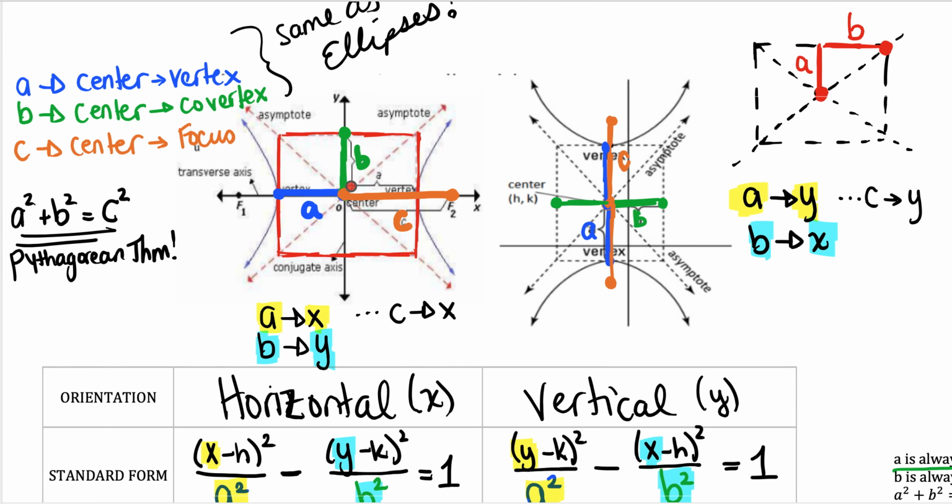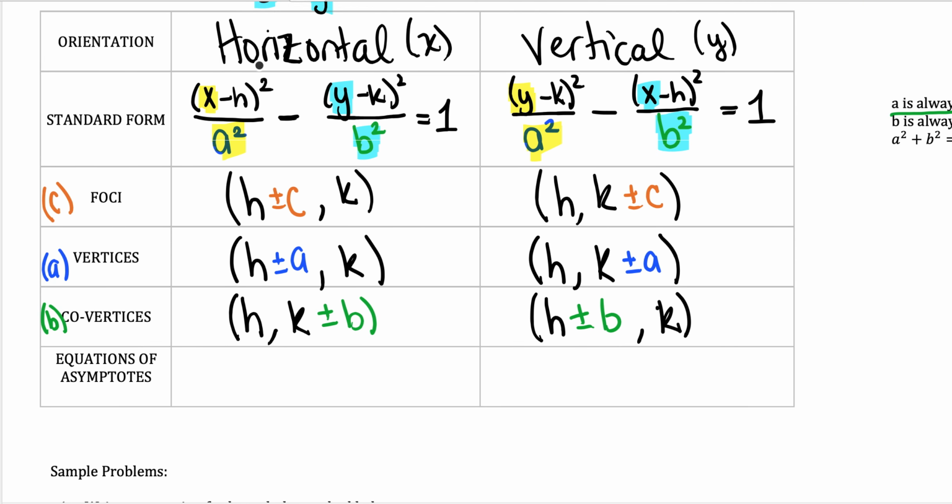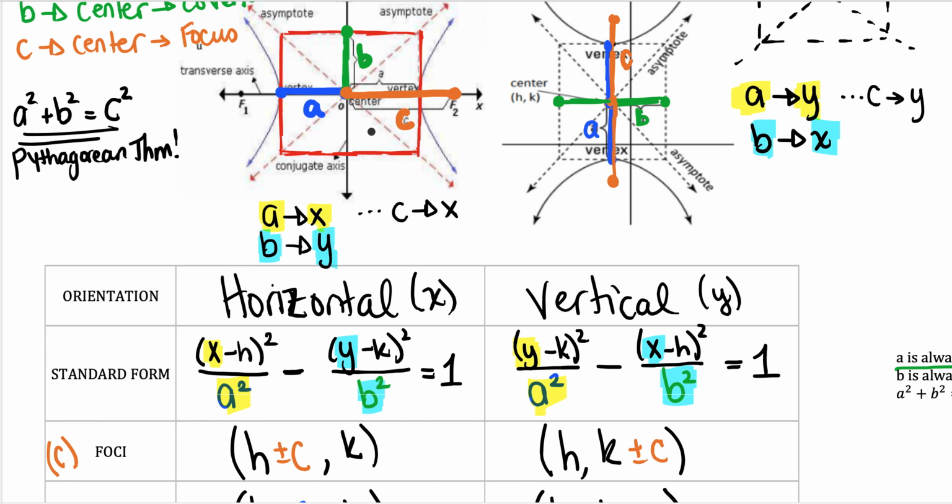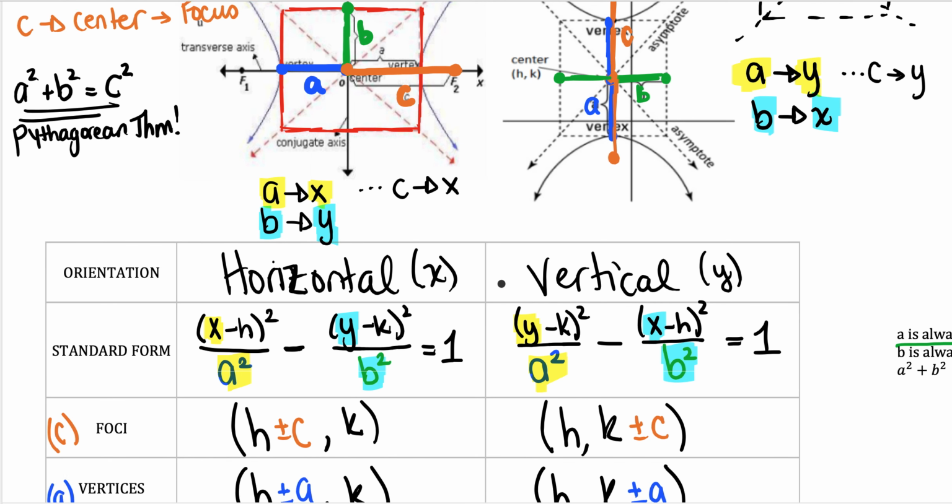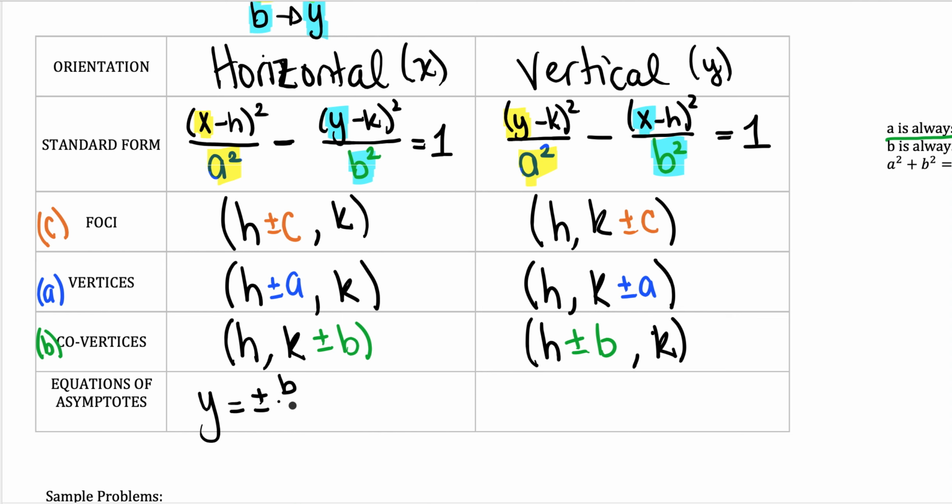For a horizontal hyperbola, rise over run is b over a. So it's going to be y equals plus or minus b over a, and then the rest of it is just like vertex form: (x minus h) plus k.